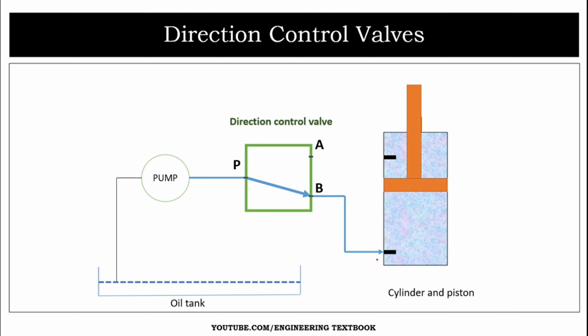During this stroke, oil from the other side of the piston will return to port A, just because the piston has moved in the upward direction. So it will move through A via R and pass to the oil tank. This was case 1, when B is the inlet port for the cylinder.